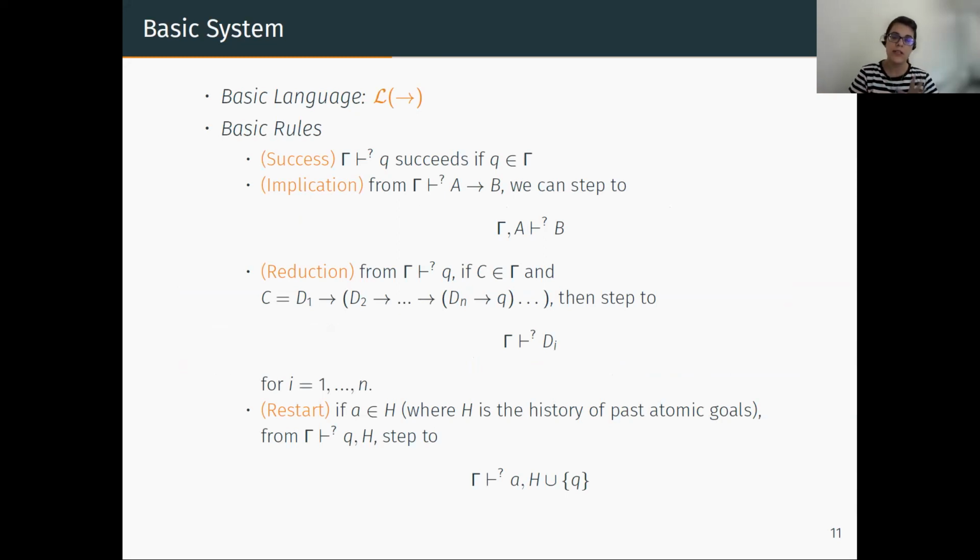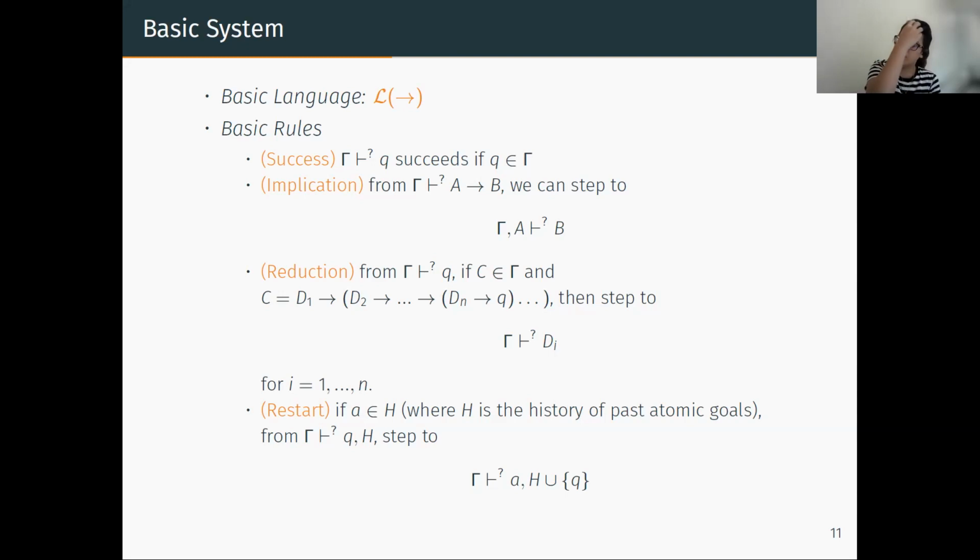The first rule is the rule of success, which tells us that if we have an atomic formula and that atomic formula is in the database, the query succeeds. Then we have an implication rule: if we have an implicational formula, we can push the antecedent into the database and ask for the consequent instead.